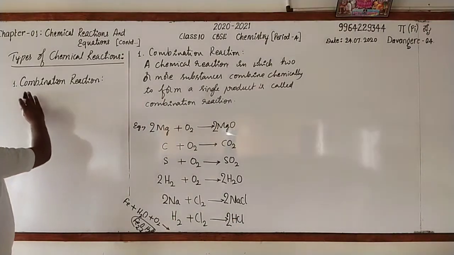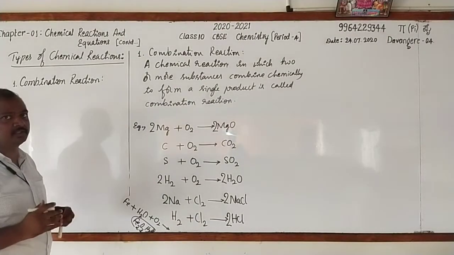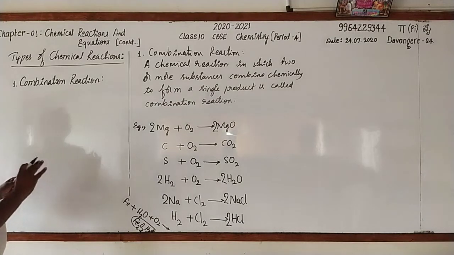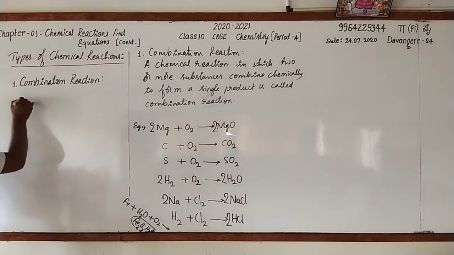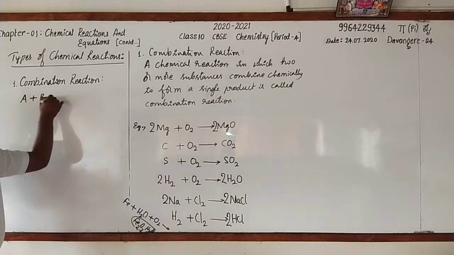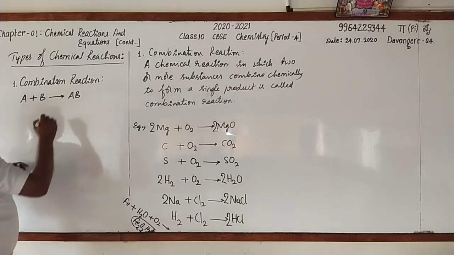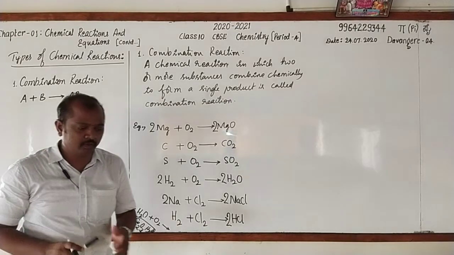So, this is about the first chemical reaction, that is combination reaction. It can be written in general form as: A is a chemical compound, B is another one, and these two combine chemically to form a new compound called AB. Followed?